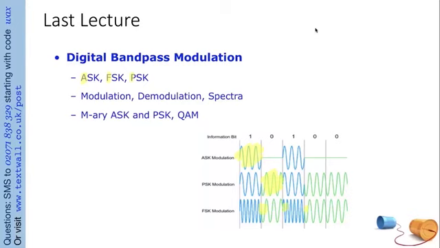We spoke a little bit about modulation and demodulation of each of these. We spoke about variations such as quadrature amplitude modulation, QAM, and different types of ASK, so 2 ASK, 4 ASK, or as we like to call it, M-ary ASK. And we spoke a little bit about the advantages and disadvantages of all of these.